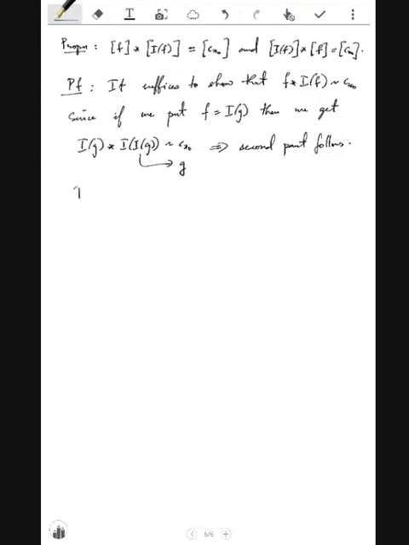So the idea to show f star I of f is homotopic to C x naught is as follows.